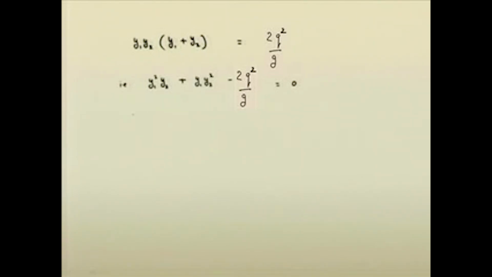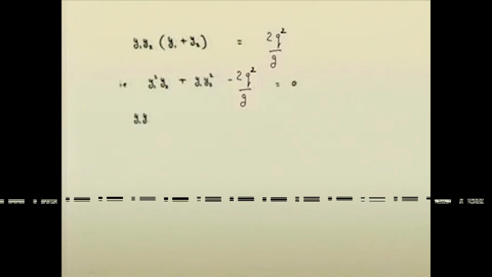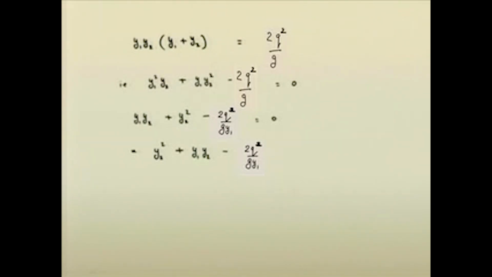This can be rearranged as y 1 y 2 plus y 2 square minus 2 q square by g y 1 equal to 0. That is, I just divided it by y 1, or y 2 square plus y 1 times y 2 minus 2 q square by g y 1 equal to 0.